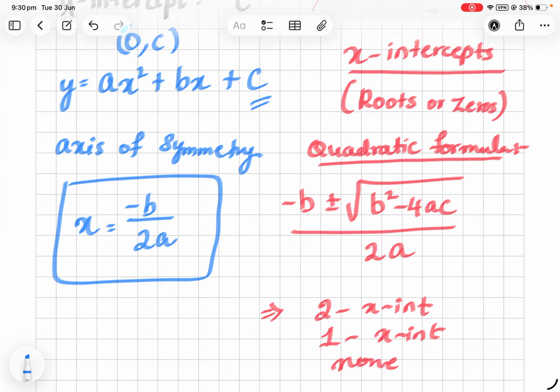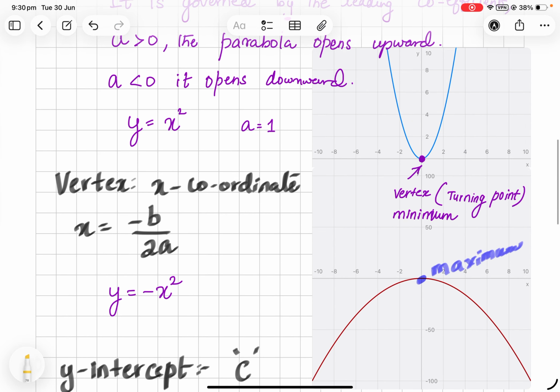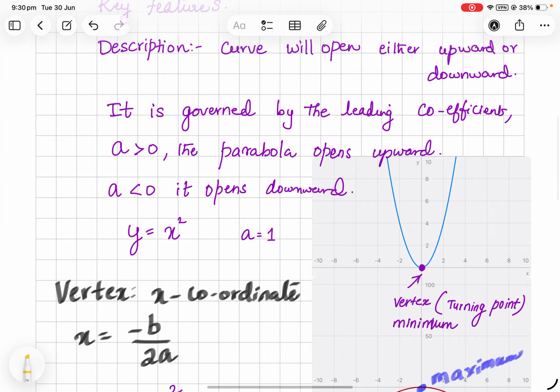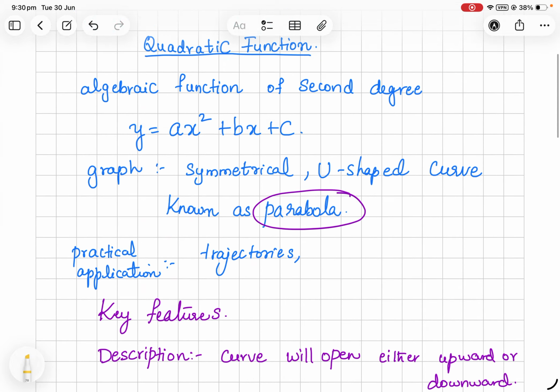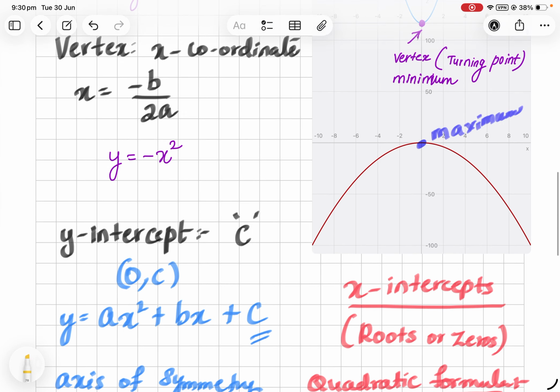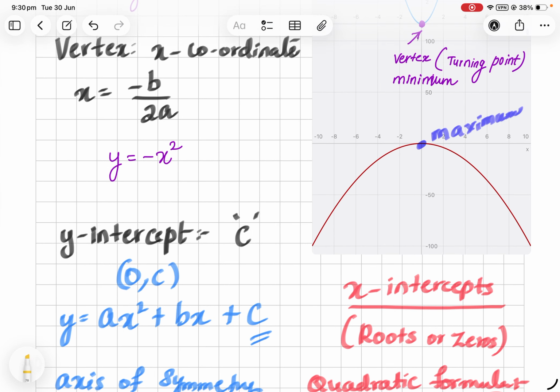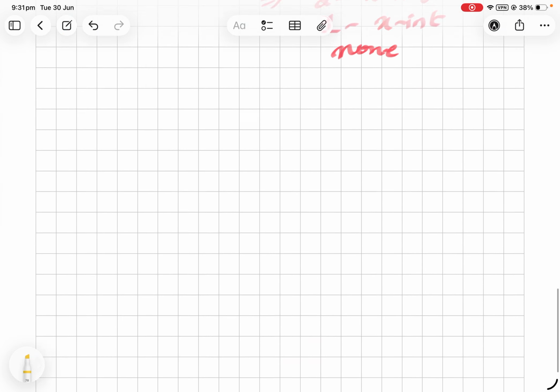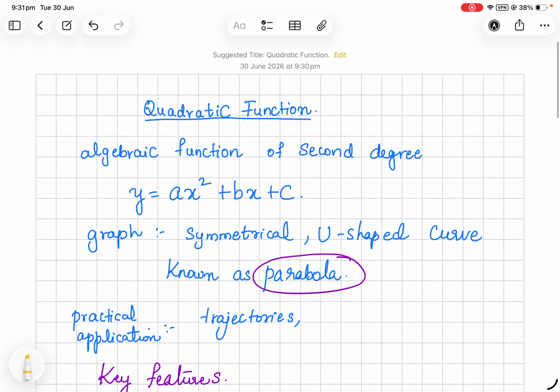So I think I covered the important features: the axis of symmetry, x-intercepts, y-intercepts, and vertex. Once you get the x value, you can go back, substitute the x value, and get the y value. There are different ways to find the vertex, but I just wanted to show the x coordinate, and each piece is a different lesson. But this covers the overall topic of quadratic functions.